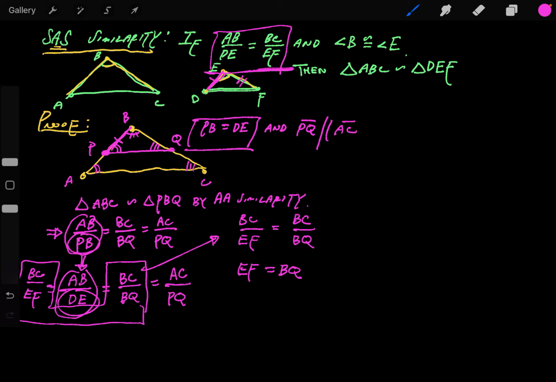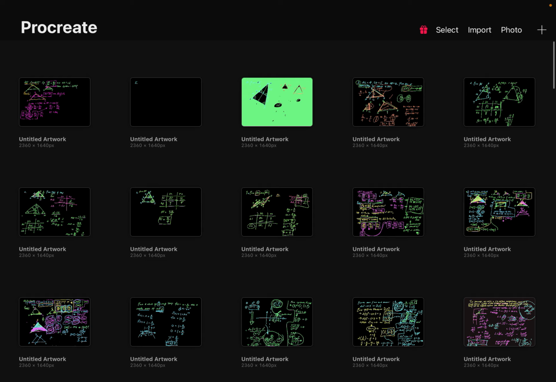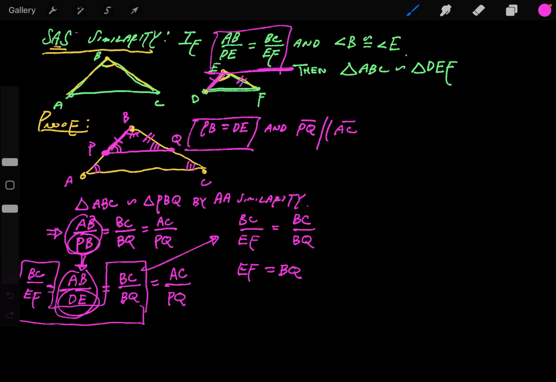So then I have this. This is the same as this, that those two are congruent. Then what that guarantees is that triangle PBQ is congruent to triangle DEF by side. The angle is the same: this angle I was already given.